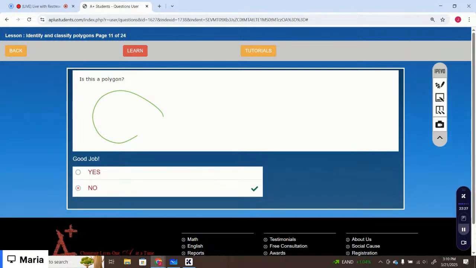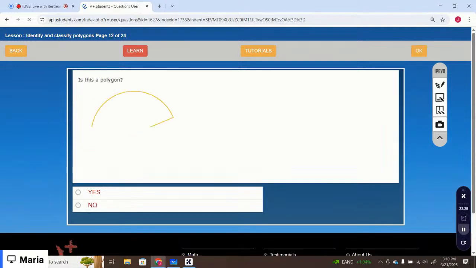No, that is not a polygon. Option number two is the correct option. Is this a polygon? No, that is not a polygon. You can complete the lesson by yourself. Let me just move on to the next lesson.